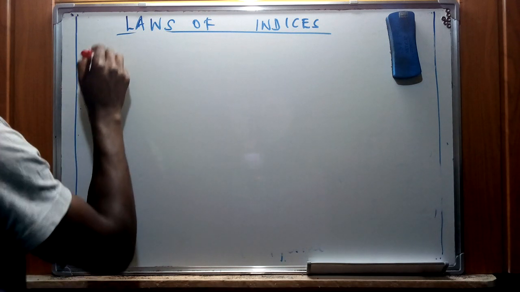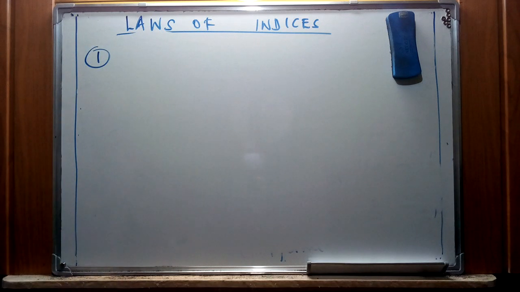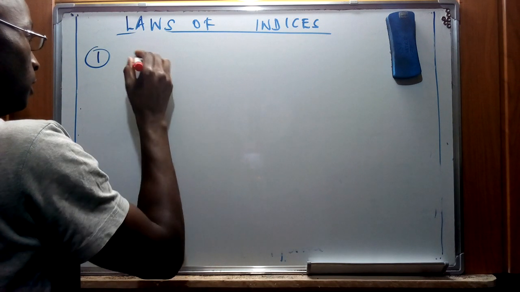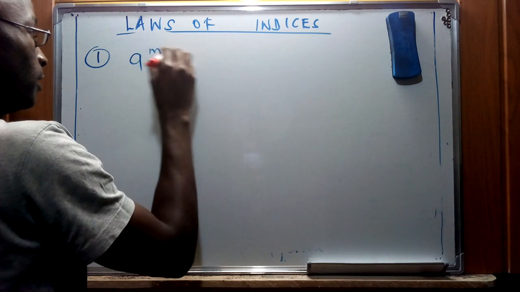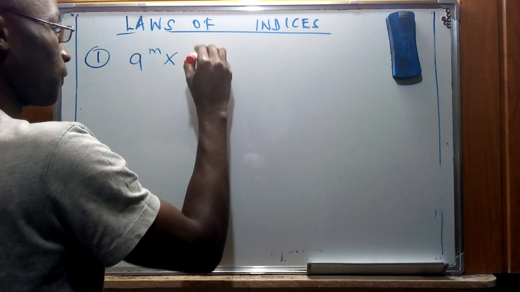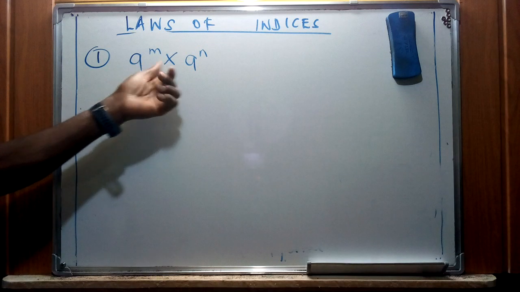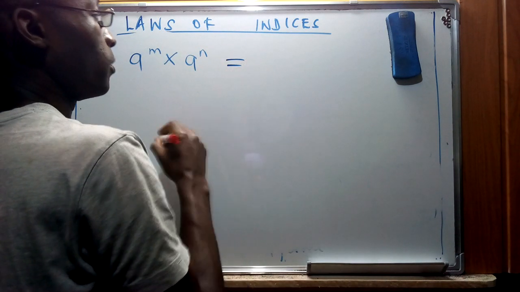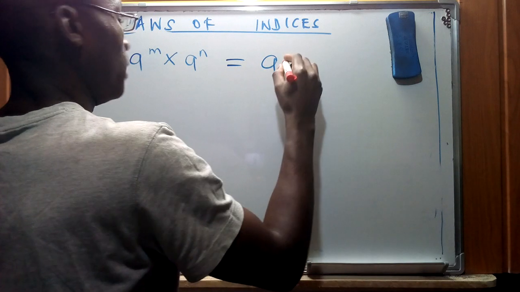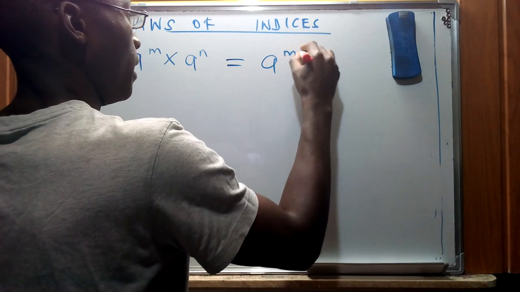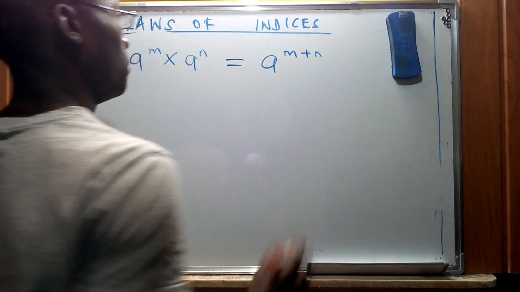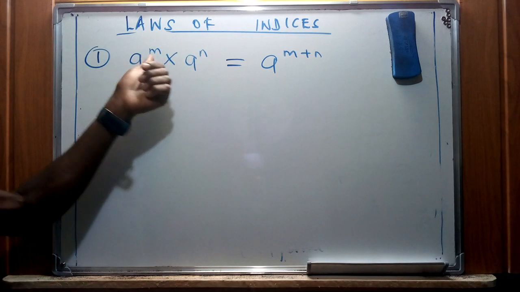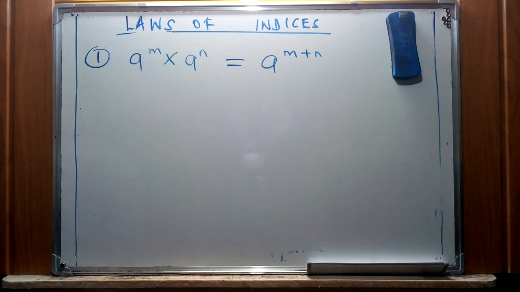So for the first one, whenever we have a number a raised to 2 different exponents, that one dictates that the result of the product of those numbers is going to be a with that exponent being a sum of the 2 individual indices that we are seeing in this particular case.